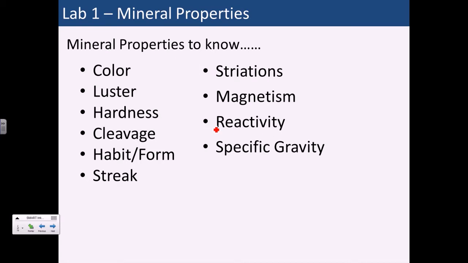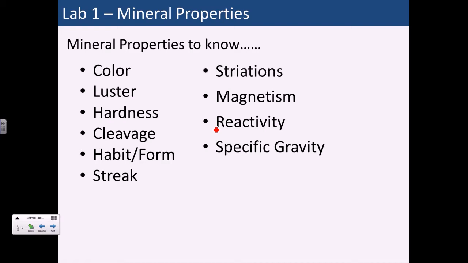Okay? As far as properties go, here's a list of the main properties I'll talk about and either demonstrate briefly using a document camera. So I'll switch out of this PowerPoint and then switch over to another instrument so I can demonstrate to you what's going on.